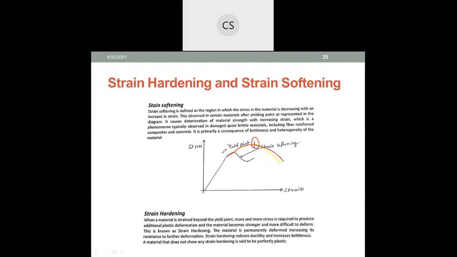But here, this is a plastic region, non-linear. So what exactly happens is, to produce strain, not only is it non-linear, more amount of stress is required. So that means the material behaves like harder and harder.